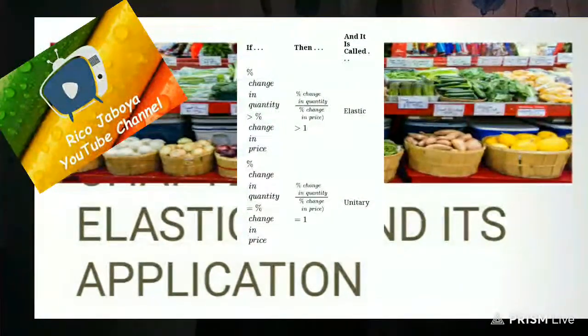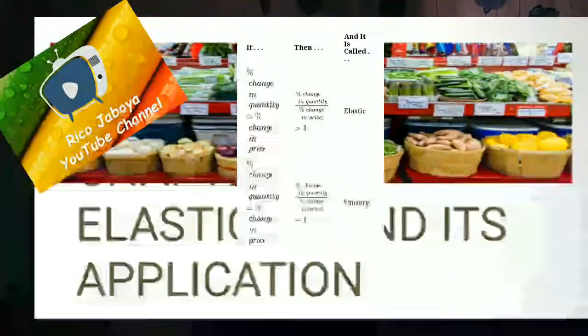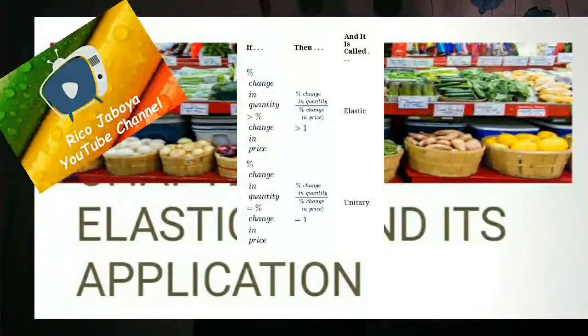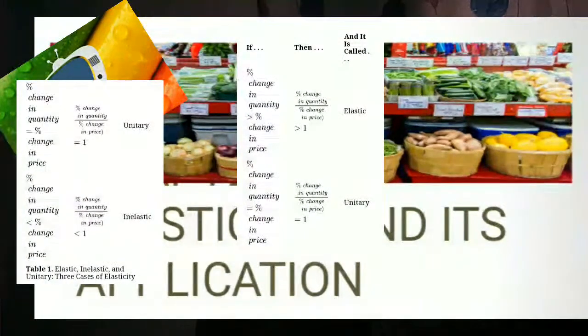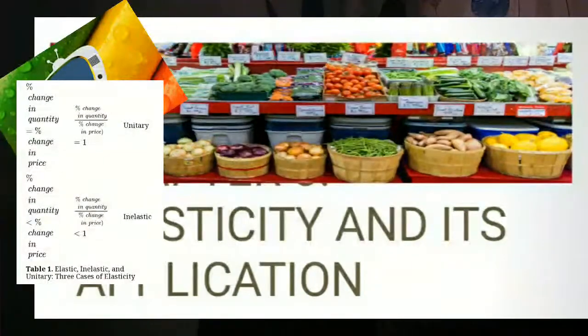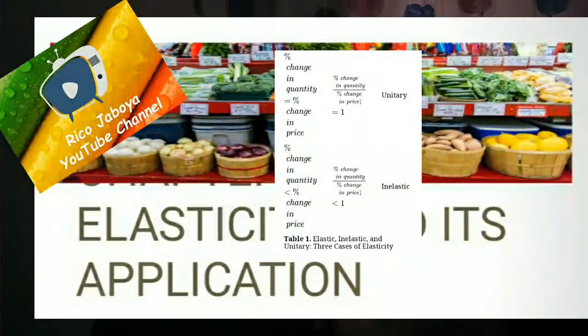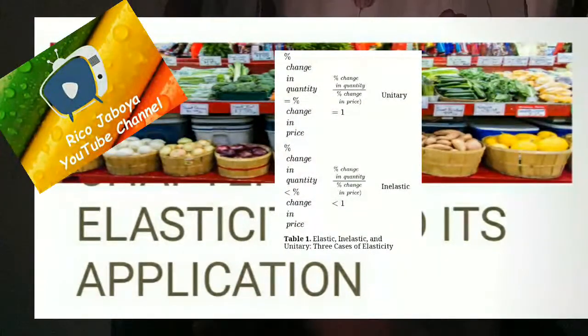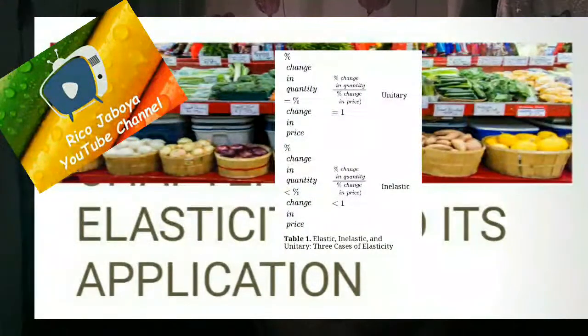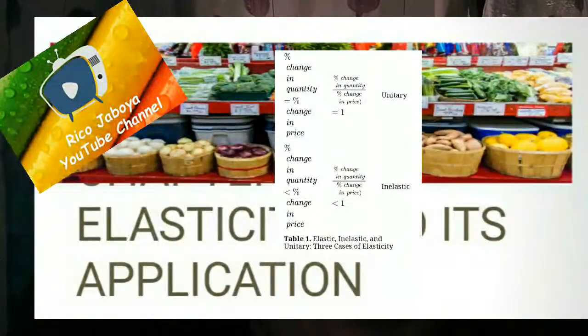I told you that elastic goods are luxury items, and unitary goods are semi-luxury items. Let's check the last one, which pertains to inelastic. This is less than 1 reaction. So, whether the price rises or falls, there is only a small reaction regarding the price of this certain item.